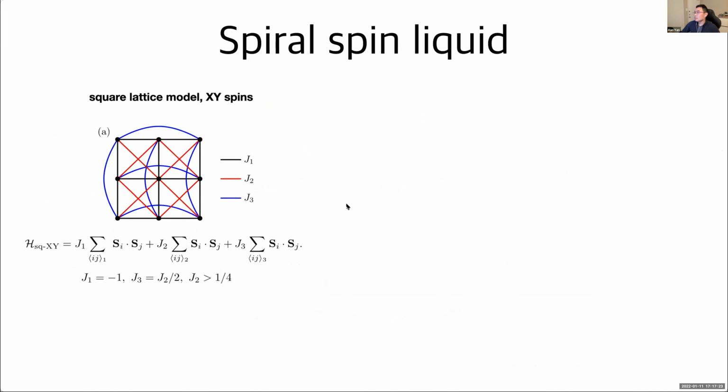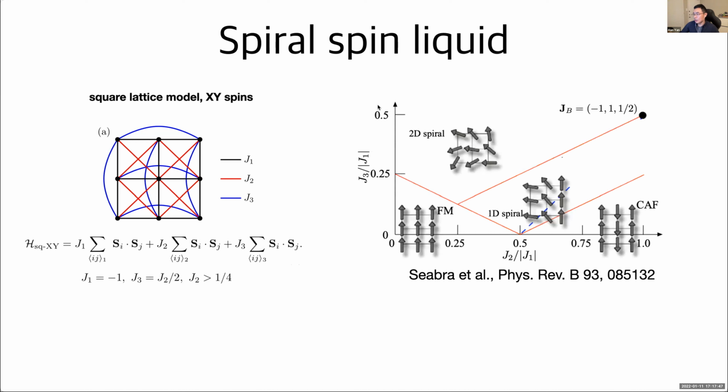Okay, now let me explain why a spiral spin liquid is different from this spin ice type of spin liquid, and why there are some unanswered questions regarding them. The case study example we use is a square lattice model with XY spins with up to third neighbor interactions. The phase diagram for this classical model at T = 0 was studied a long time ago.